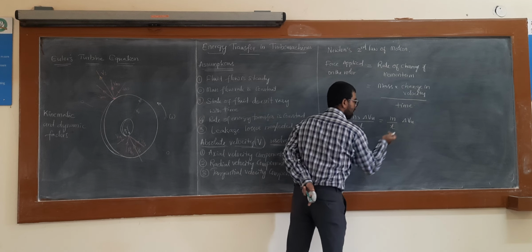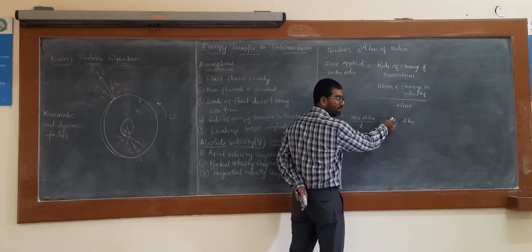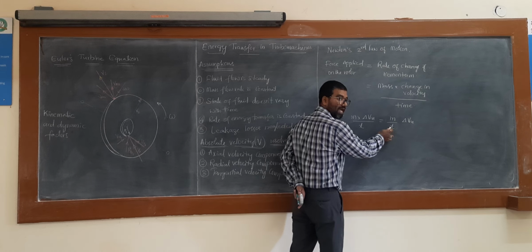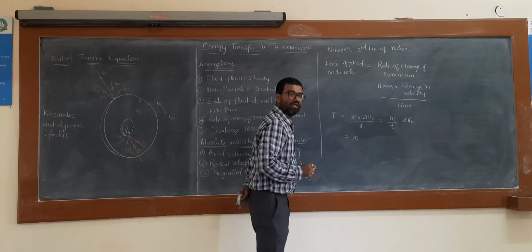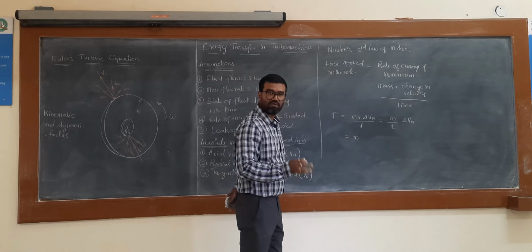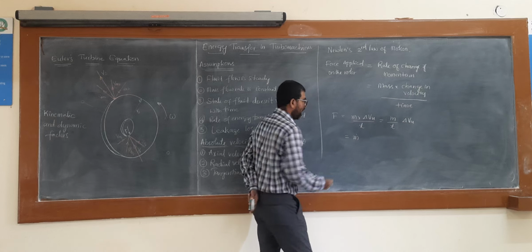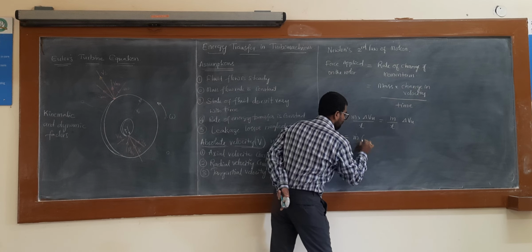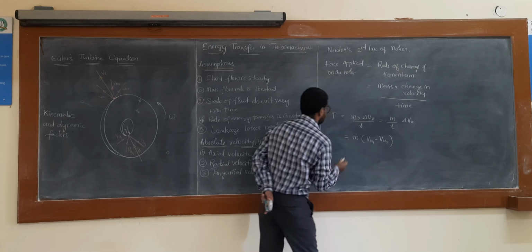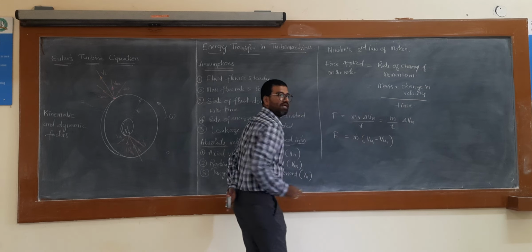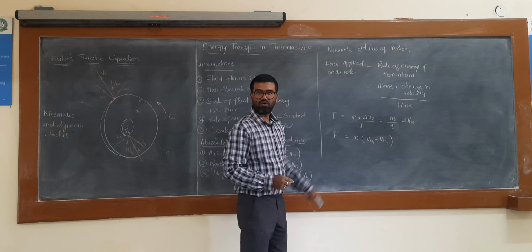Here m by t, the mass flow rate per time, can be represented as m dot. This is mass flow rate of the fluid per unit time. Delta vu can be written as vu1 minus vu2. This is the force, tangential force applied on the rotor.